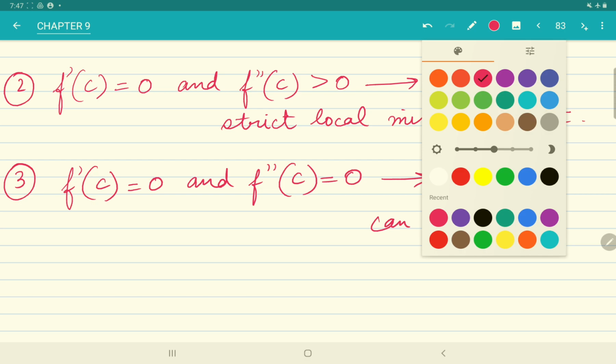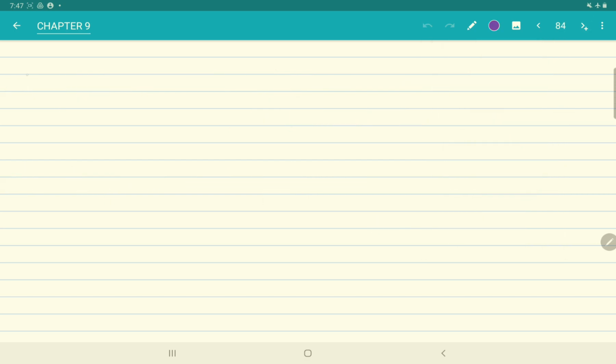So just to understand this, we prove the first point here. And when we do that, first obviously we have to start with f prime c equal to 0, f double prime c less than 0, and then we have to get to C being a strict local maximum point.